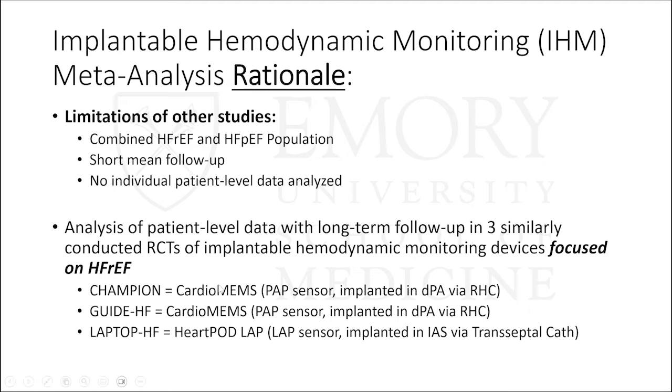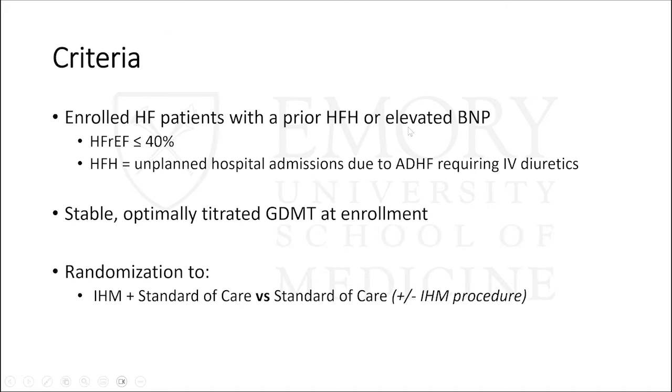So the 3 trials that they picked were Champion, which was kind of the breakthrough landmark trial for CardioMEMS, Guide HF, which was our CardioMEMS trial that was impacted by the COVID-19 pandemic, and then Laptop HF, which was this HeartPod left atrial pressure trial. And we'll see what they came up with.